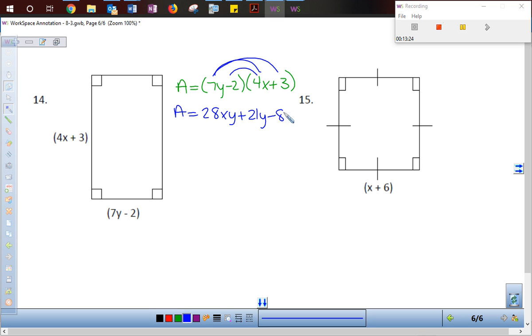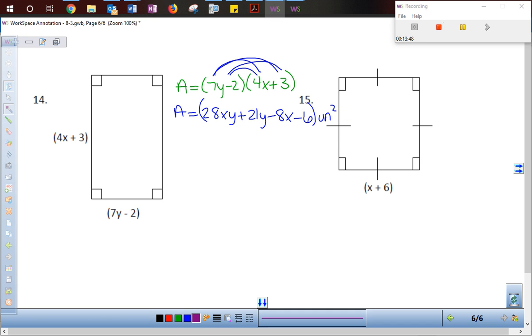Inside is negative 8x, and last is negative 6. Now let's combine like terms. There's only one xy, so that can't combine, and my middle two terms both have different variables, so those also can't combine. So my answer can't simplify, and it's just 28xy plus 21y minus 8x minus 6 units squared.